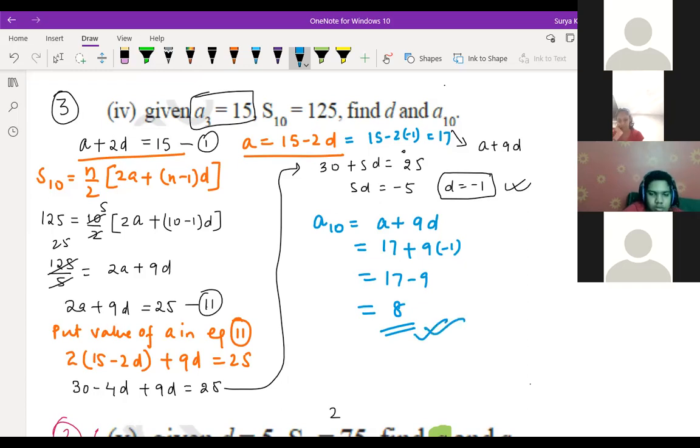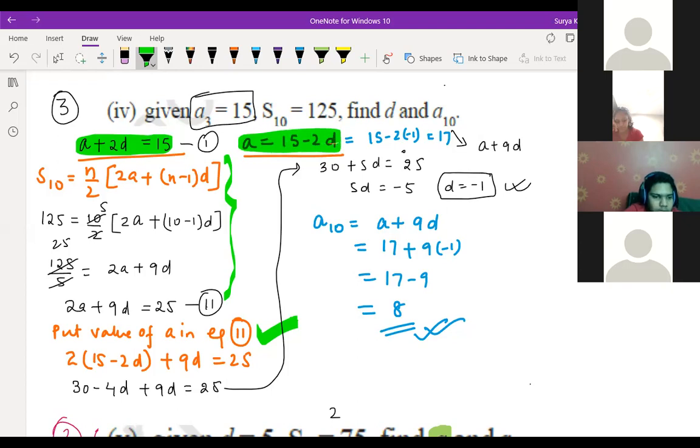So tell me, children, which part are you facing difficulty with here? The second one, sir. This equation you are saying. Yes, sir. See what we are doing now. From the first equation, A plus 2D is equal to 15. So can we write A is equal to 15 minus 2D? Yes, sir. The same value of A we are putting in the second equation.